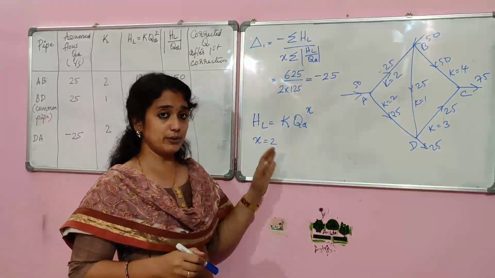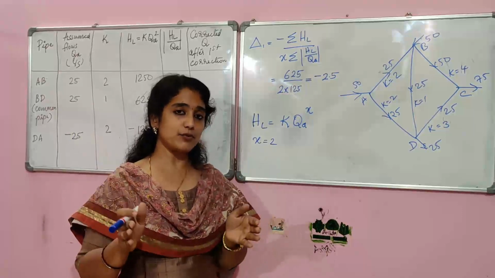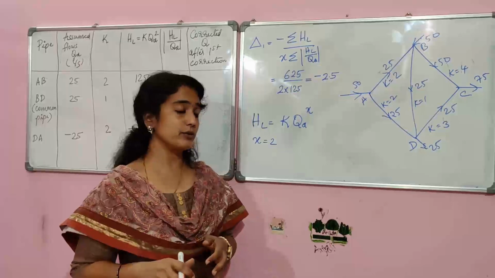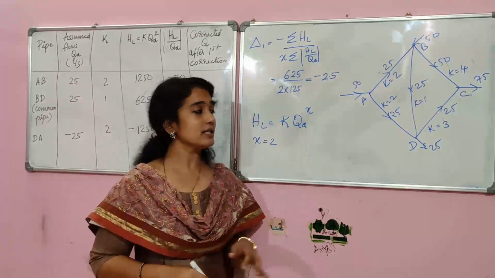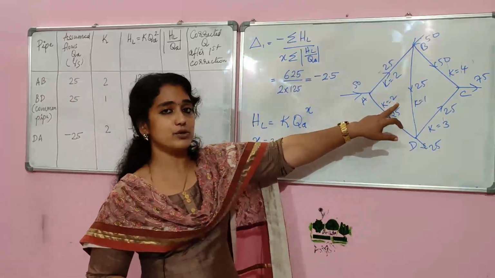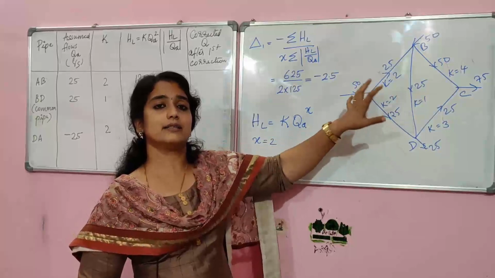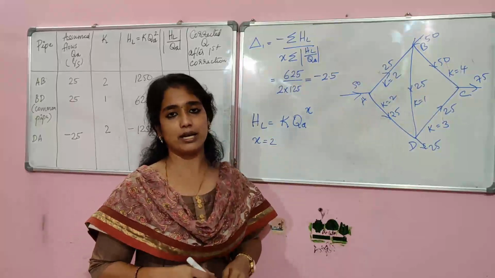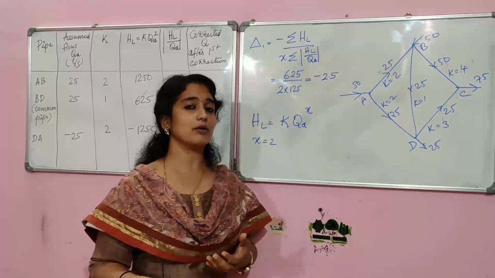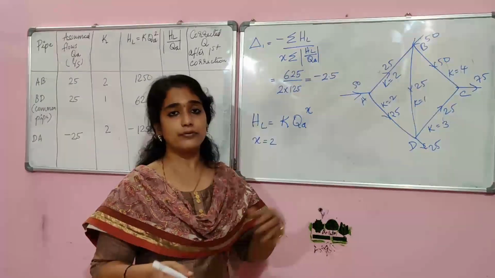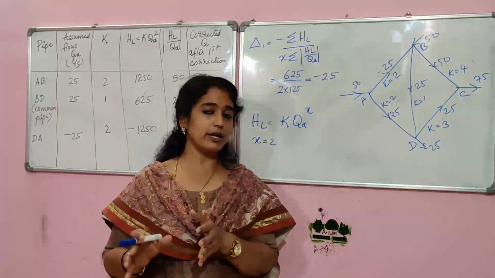For each of these 3 equations, Hazen-Williams formula, Manning's formula and Darcy-Weisbach equation, the K value will be different. For this question, the K value is already given, so we need not calculate the K value for this pipe network analysis. For the next example, we have to calculate the K value. If the K value is given in the question, you don't need to worry about that.